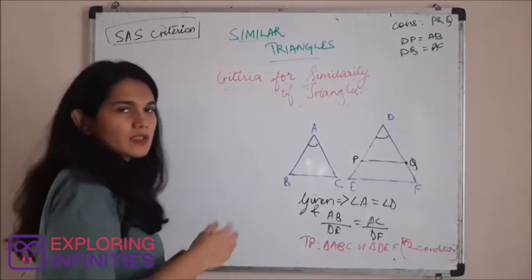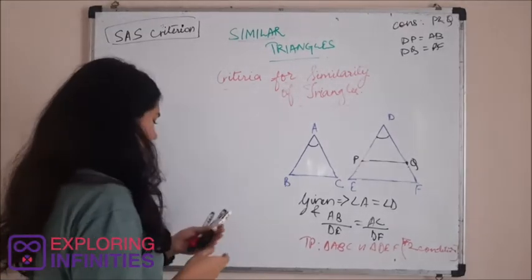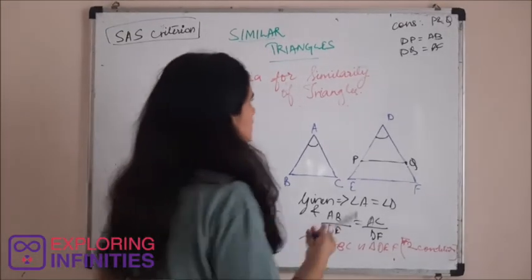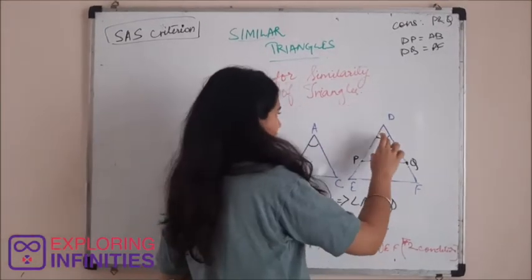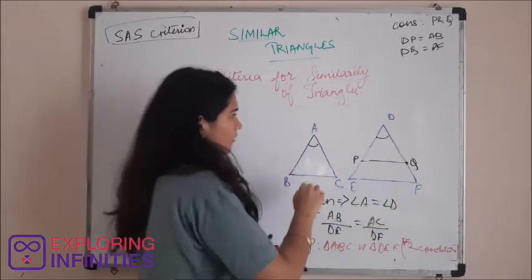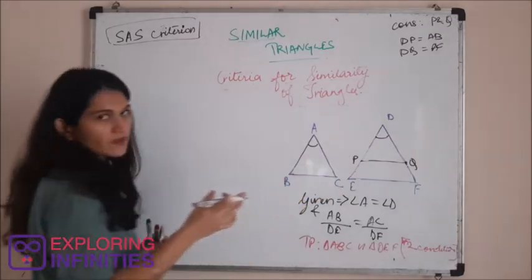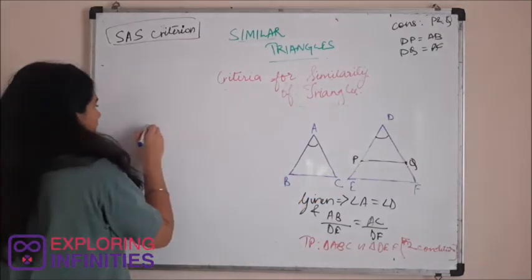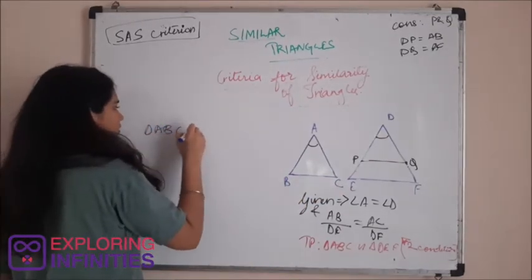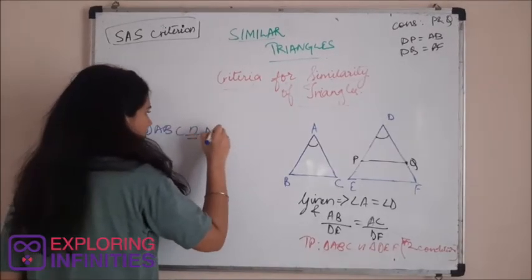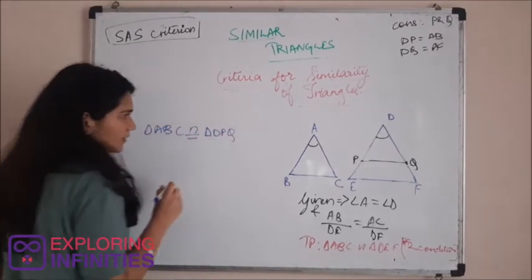Now, this one is quite simple, since we know that AB equals DP, AC equals DQ and angle A equals angle D. So by the side angle side criterion of congruency, we can prove that triangle ABC is congruent to triangle DPQ. Right.